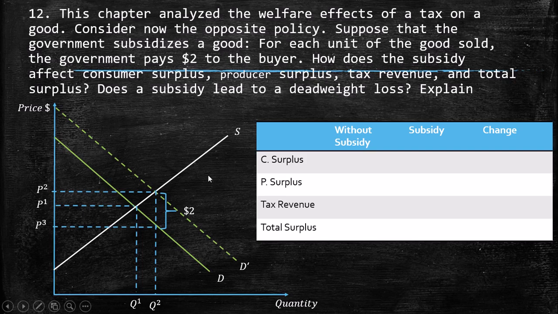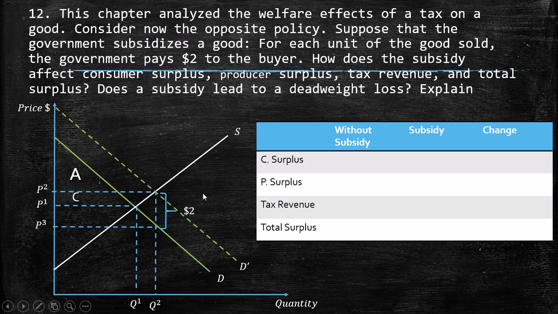It is interesting because, as in the tax case, which is analogous, even if the subsidy is given just to the consumers, the producers will be affected as well, because in this case producers will receive P2 instead of P1, and consumers will pay P3 instead of P1.